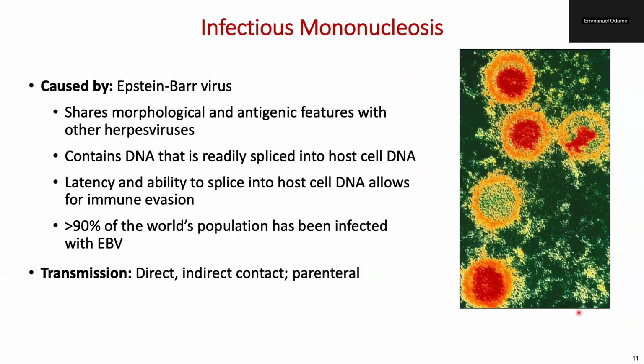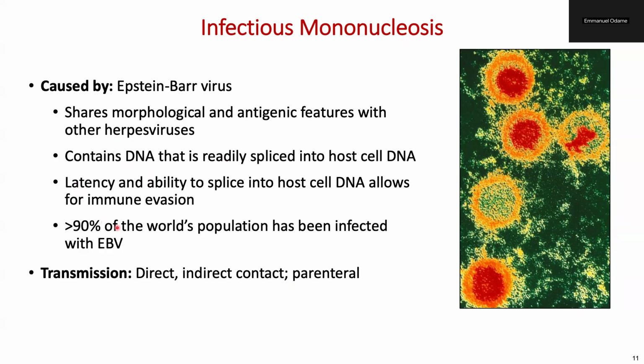The next one is infectious mononucleosis. I'm sorry, it's caused by the Epstein-Barr virus. It shares morphological and antigenic features with other herpes viruses that we know, and it contains DNA that is readily spliced into your host cell DNA. So we've discussed that a virus enters your cell and has to splice and insert itself into your host DNA.